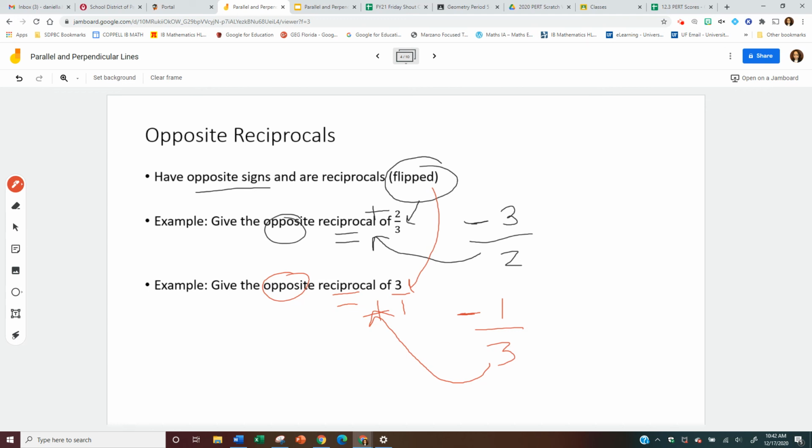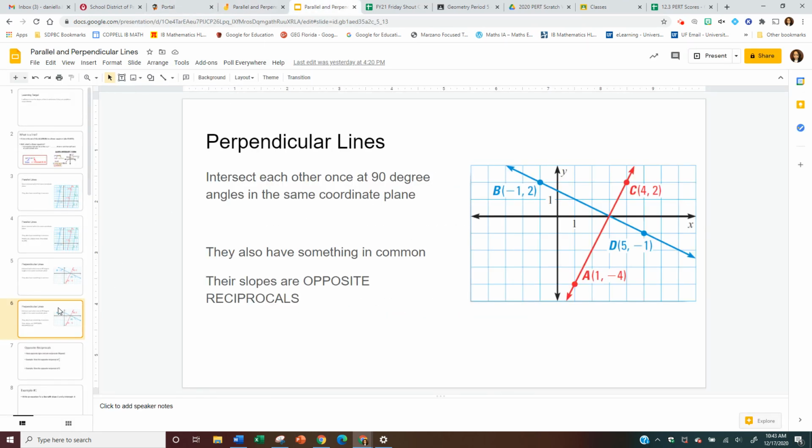If I had -1/2, this number is negative, the opposite of negative would be positive, and the reciprocal would be flipped, +2/1. So these are opposite reciprocals of each other, and perpendicular lines have opposite reciprocal slopes. This is going to end part 1 of our lesson before we get into the examples.